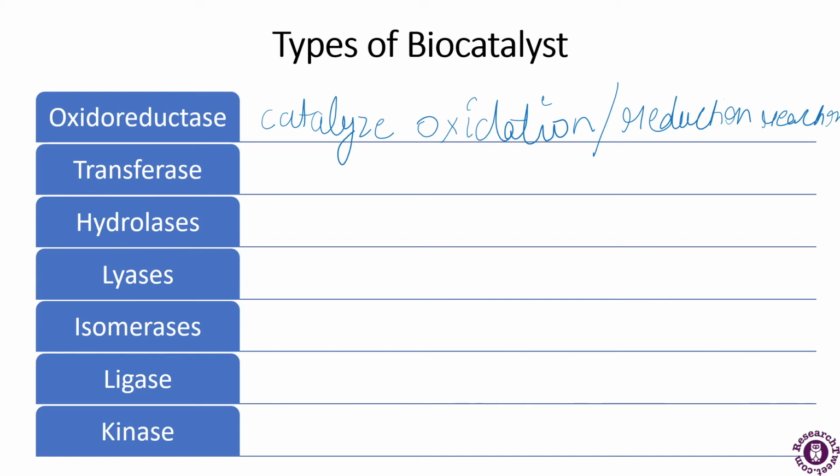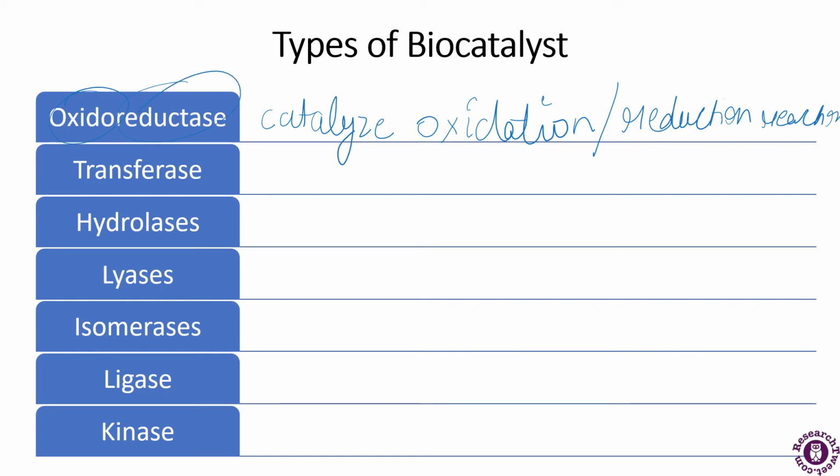In this reaction, ethanol is converted to acetaldehyde and the cofactor NAD is converted to NADH. In other words, ethanol is oxidized and NAD is reduced. So there is an oxidation and a reduction, and both are happening in this reaction.